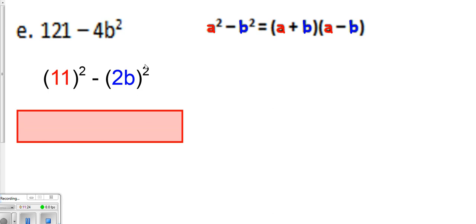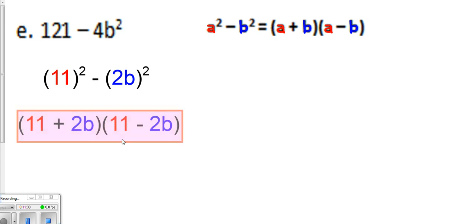So 11 is our a, 2b is this b value. We just plug it in exactly like we have it up here. 11 goes into these two spots. 2b goes into these two spots. So we have 11 plus 2b as one binomial. That's being multiplied by another binomial, which is 11 minus 2b.